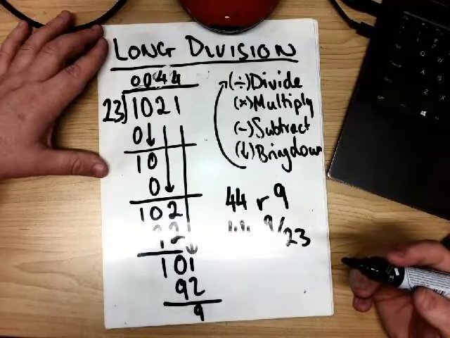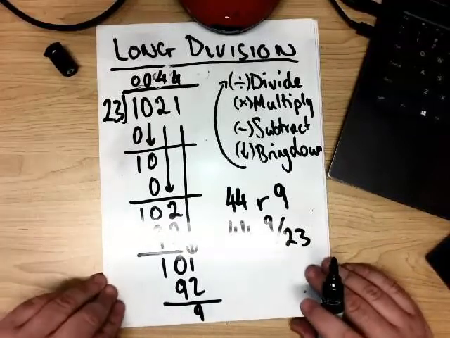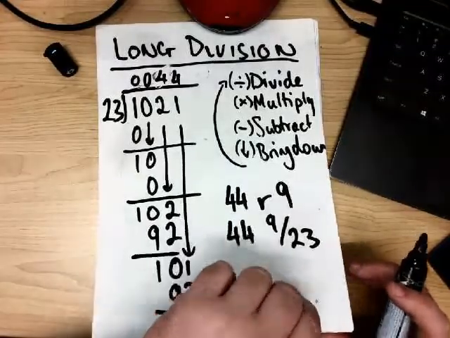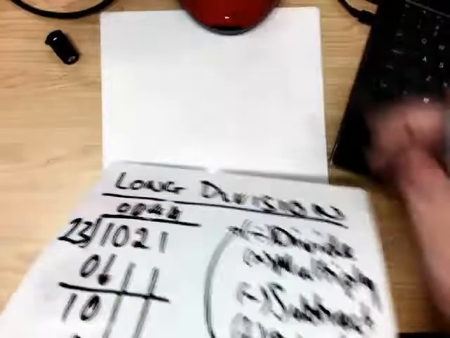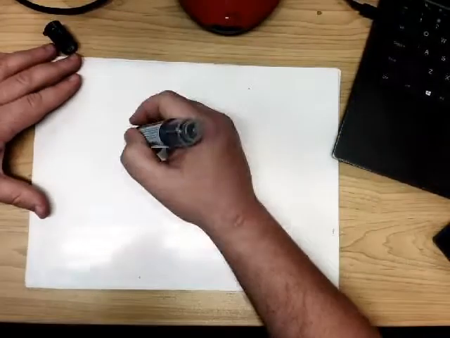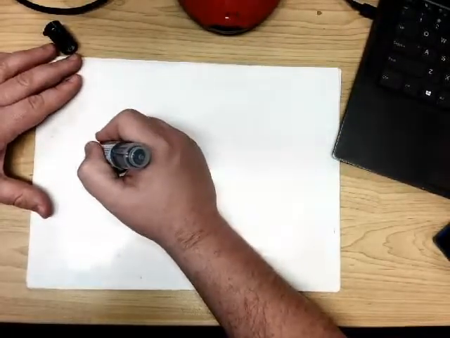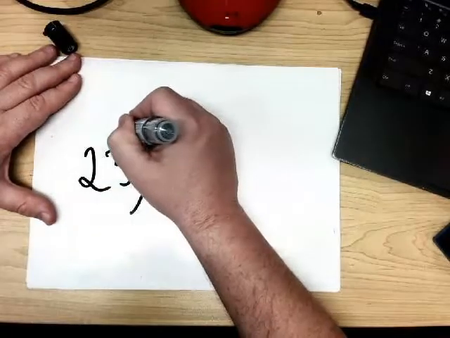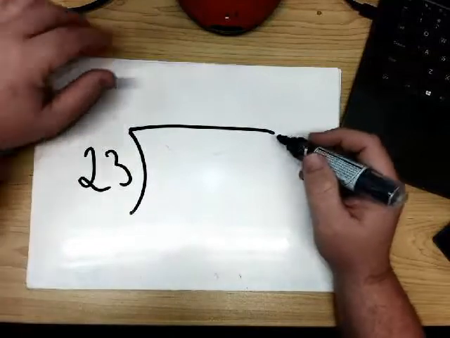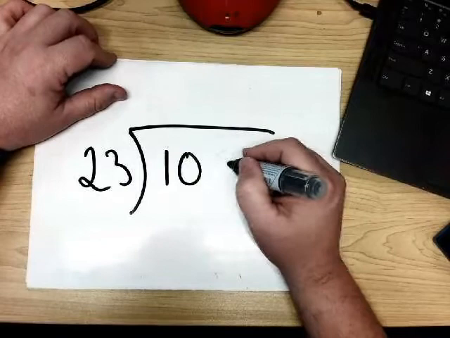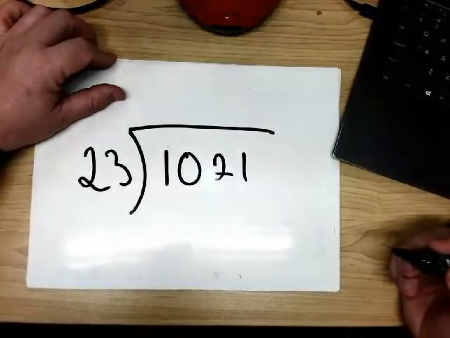I hope that's helpful. But let's have a quick look at 2 things first. Let's look at the function and how it all works. So, here it is. Sorry. So let's have a look at a symbol. We'll go with the same question we had. 1,021 divided by 23.